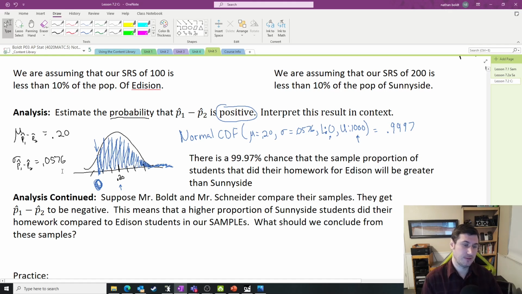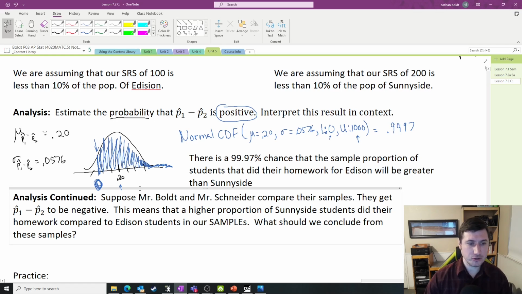Suppose Mr. Bolt and Mr. Schneider compare their samples. They get P1 minus P2 to be negative. This means that a higher proportion of Sunnyside students did their homework compared to Edison students in our sample. What would we conclude from these samples? So if this were to happen, we have to think about it for a little bit. What does that mean?